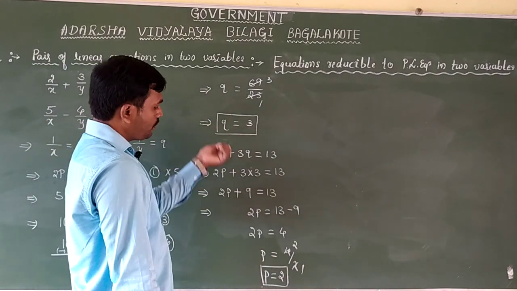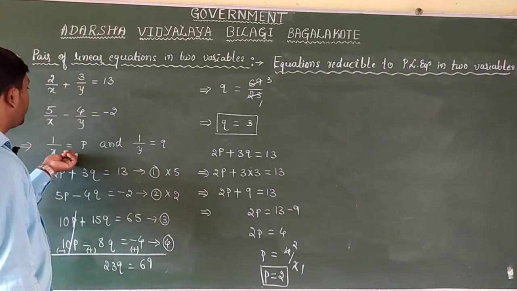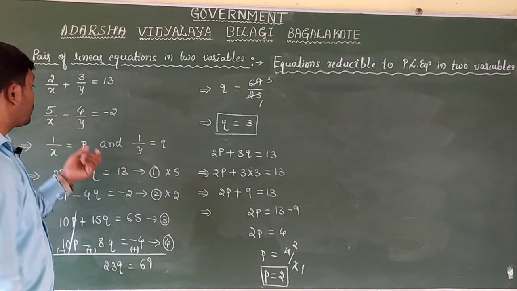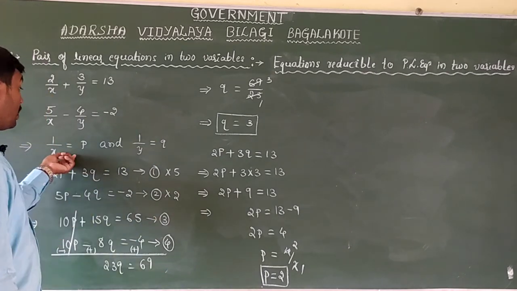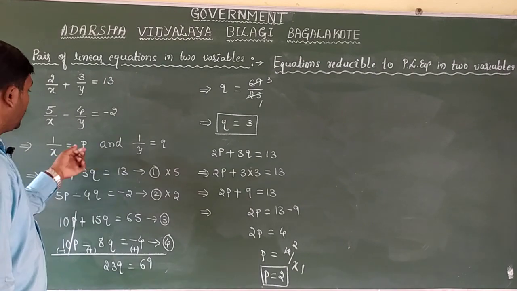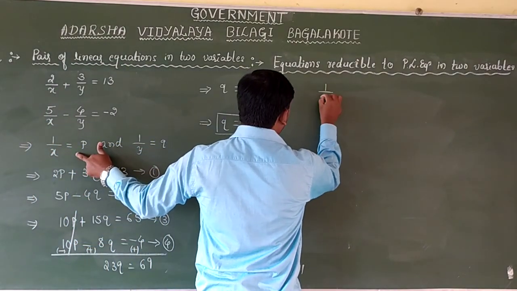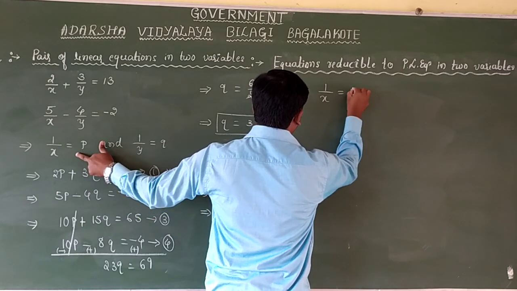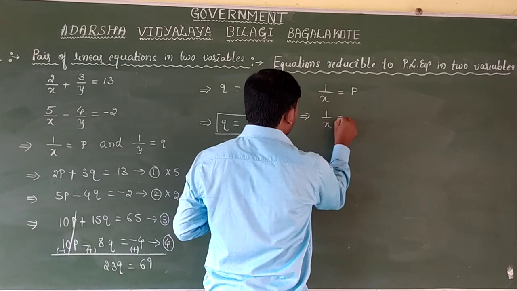So we got the value of p and the value of q. What we have considered here in the given equations, the variables are x and y. Here we got the values of p and q, so we want to get the values of x and y. We have considered 1 by x is equal to p. So 1 by x is equal to 2, the value of p.